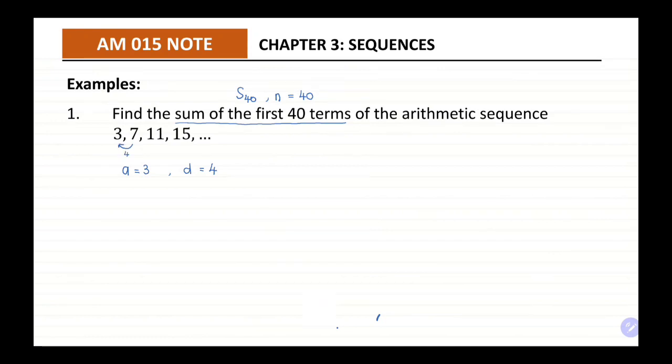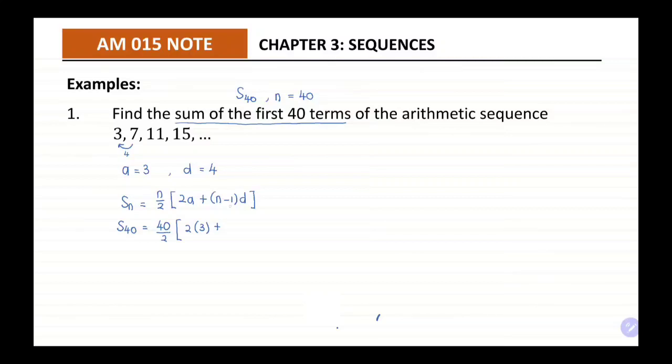Okay, now we want to find the sum of the first 40 terms. So we take out the formula, Sn equals n over 2, (2a plus (n minus 1) d). We want to find S40, so we substitute n equals 40, and we substitute a equals 3.